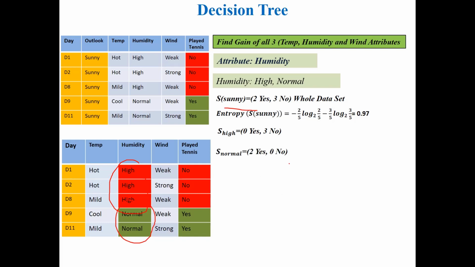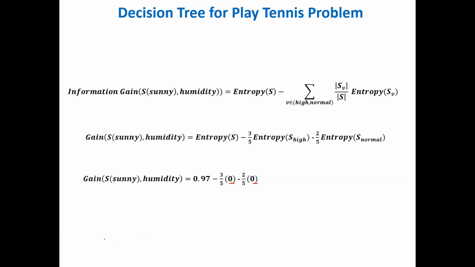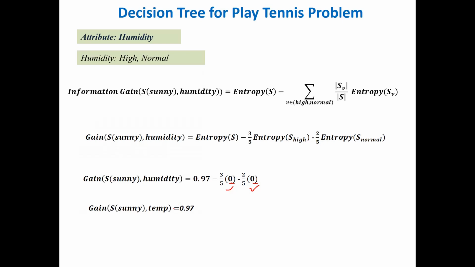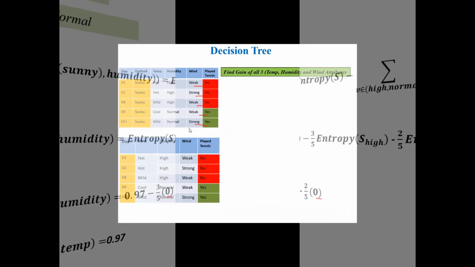So obviously the entropy will be 0 for S high, and for S normal it will also be 0 because all normal are yes. So here the gain is 0.97, because both of these terms will be 0. This is for the humidity over two values, high and normal.